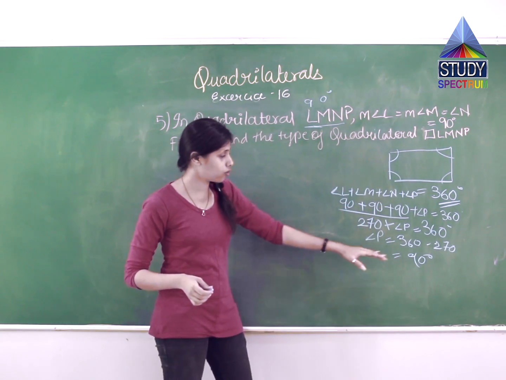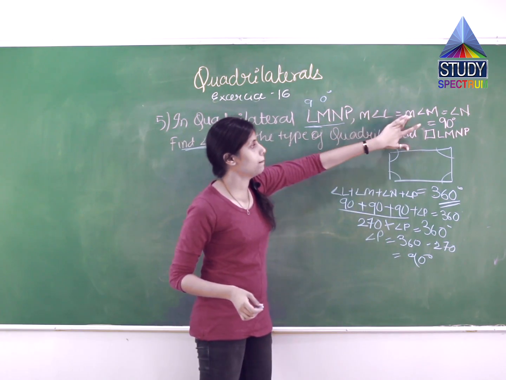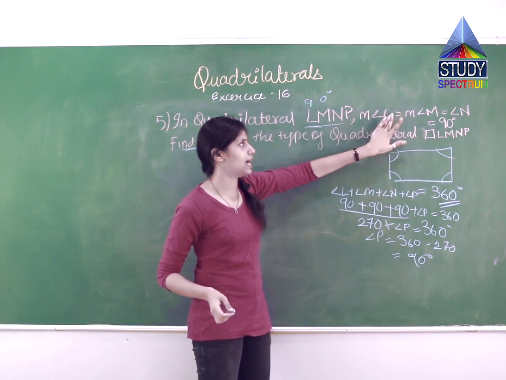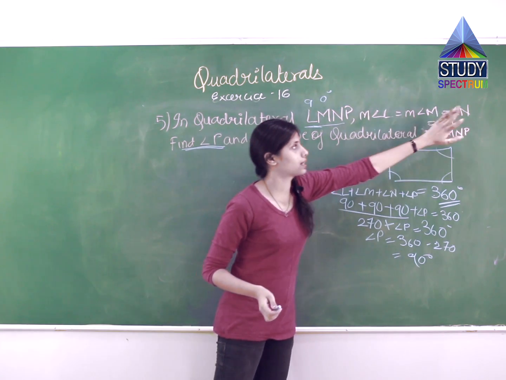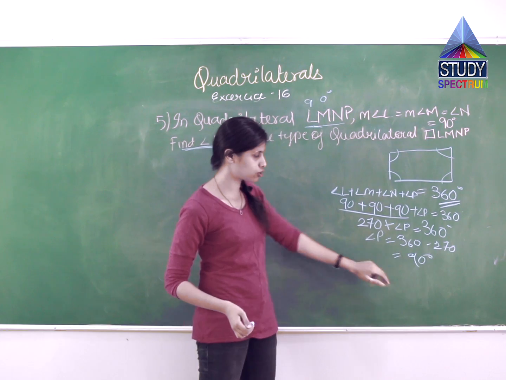So now you got the angle P as 90 degree. Means angle M is 90 degree, angle L is 90 degree, angle N is 90 degree, and you have found angle P also as 90 degree.